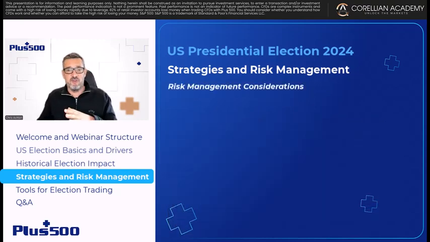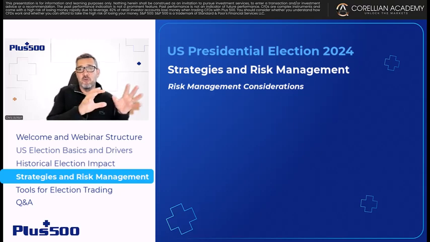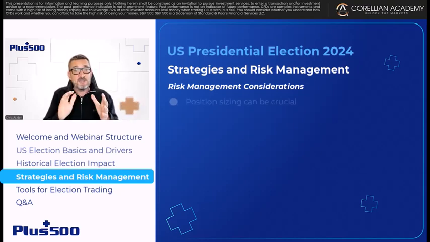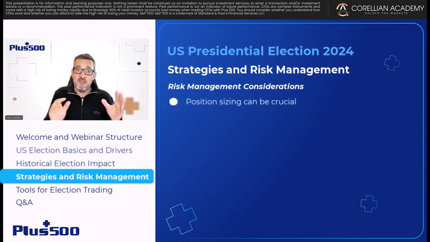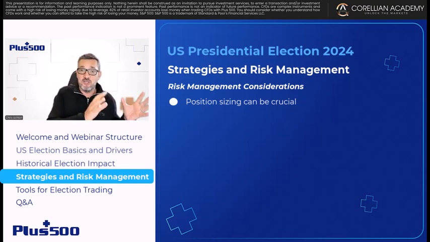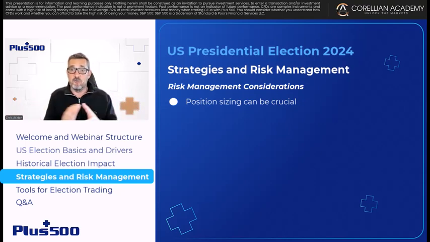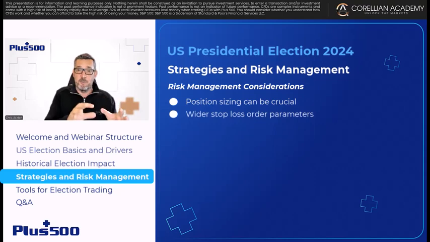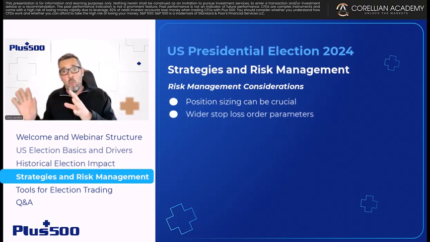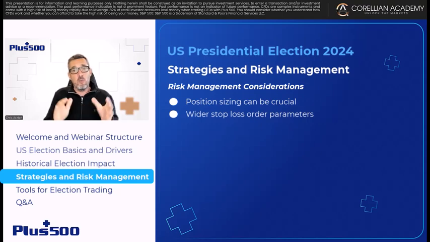Now, in terms of risk management, there are several things for you to consider focusing on. Position sizing can be crucial. Consider reducing position sizes when trading around the election to account for potential market shocks, headlines, or whipsaw moves. If you have reduced your position sizes, then this can enable you to utilize wider stop loss order parameters, which can help you to avoid getting stopped out by any election noise.